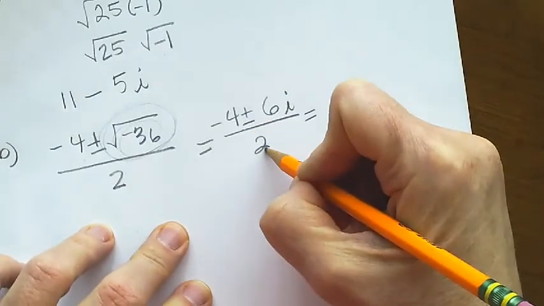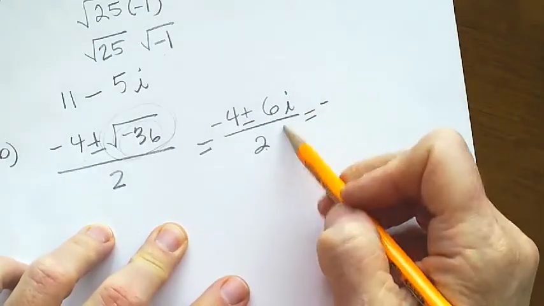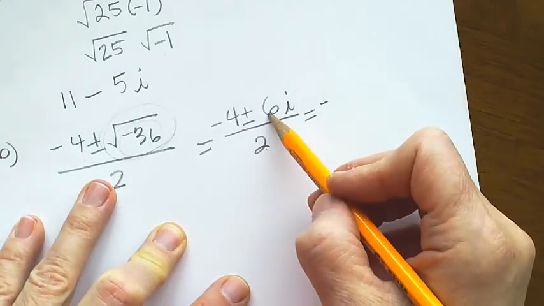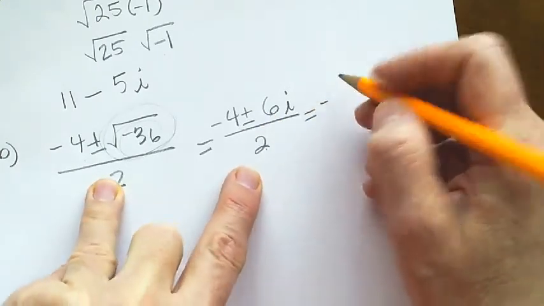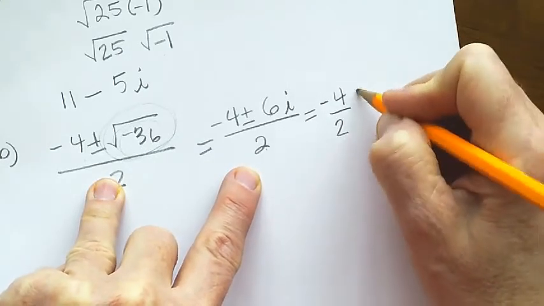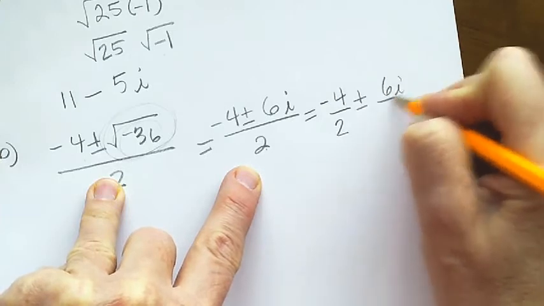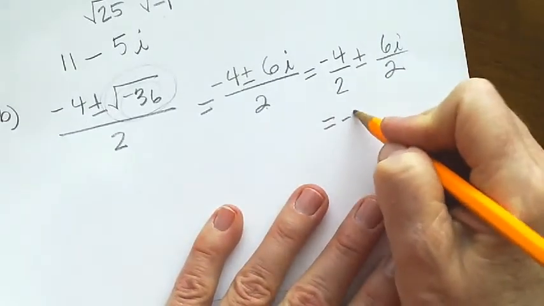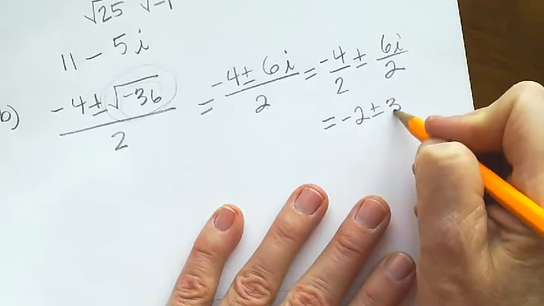When you have a sum or difference of two numbers in the numerator, you can break it into negative 4 over 2 plus or minus 6i over 2, if that helps, which would simplify to negative 2 plus or minus 3i.